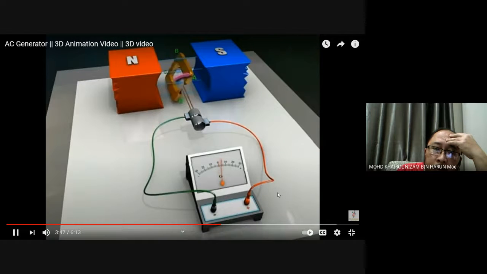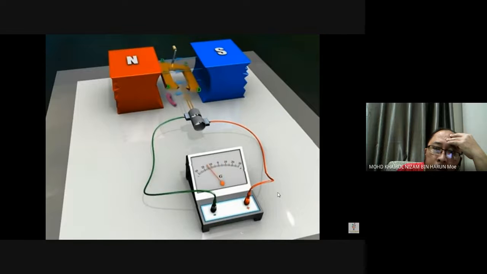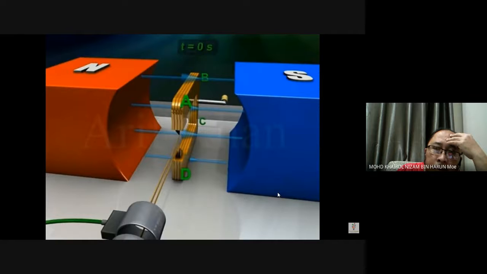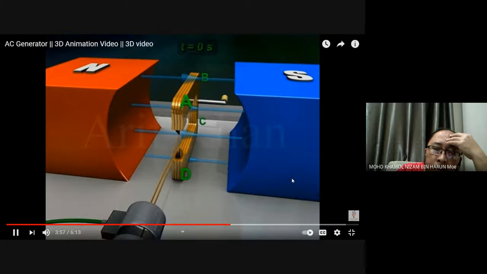Graphical representation of induced EMF. Suppose the armature takes t seconds to complete one rotation clockwise. At time t equal to 0 seconds, the armature ABCD is vertical with arm AB up and arm CD down.